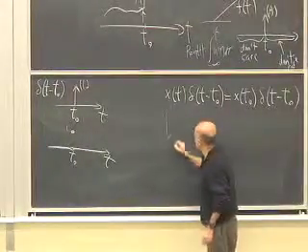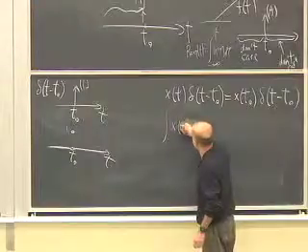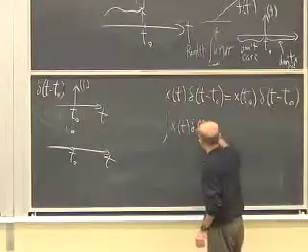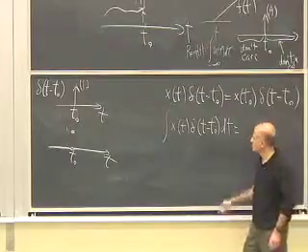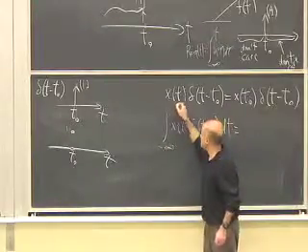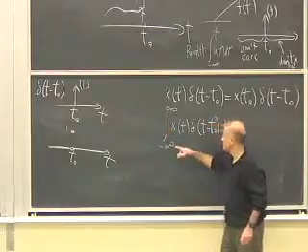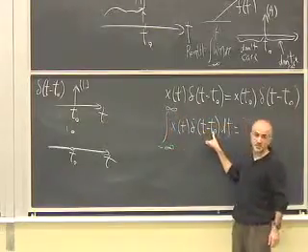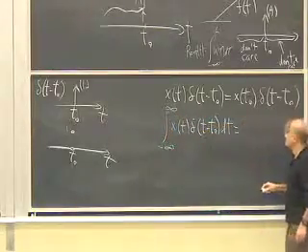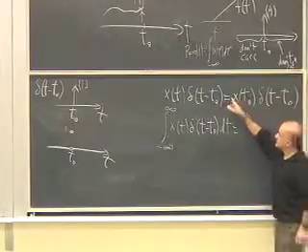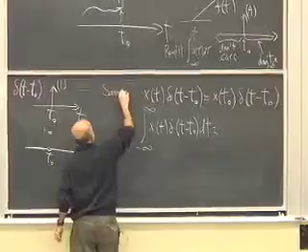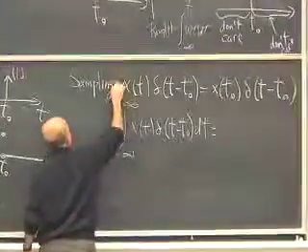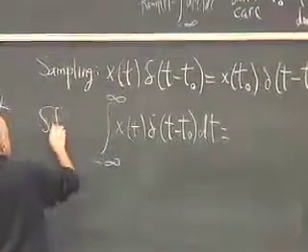And when you integrate, let's say from minus infinity to infinity, or it doesn't have to be that, it has to be some neighborhood of t naught, then this is the sampling property. And this is the sifting property.